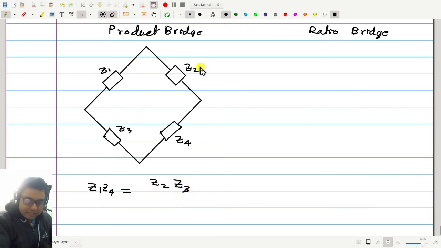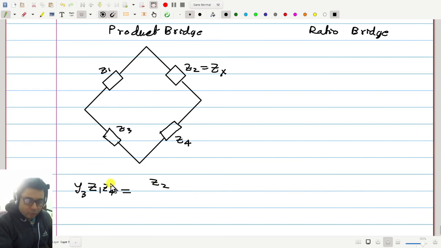Let me choose this as the unknown Zx. From this, I can take Z3 to the other side and write Y3, the admittance, 1 over Z3. This is equal to Z2 or Zx.